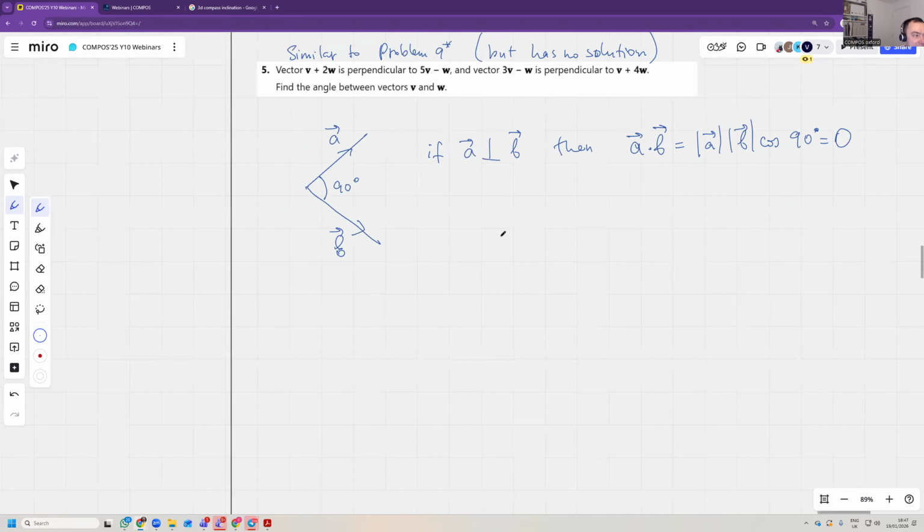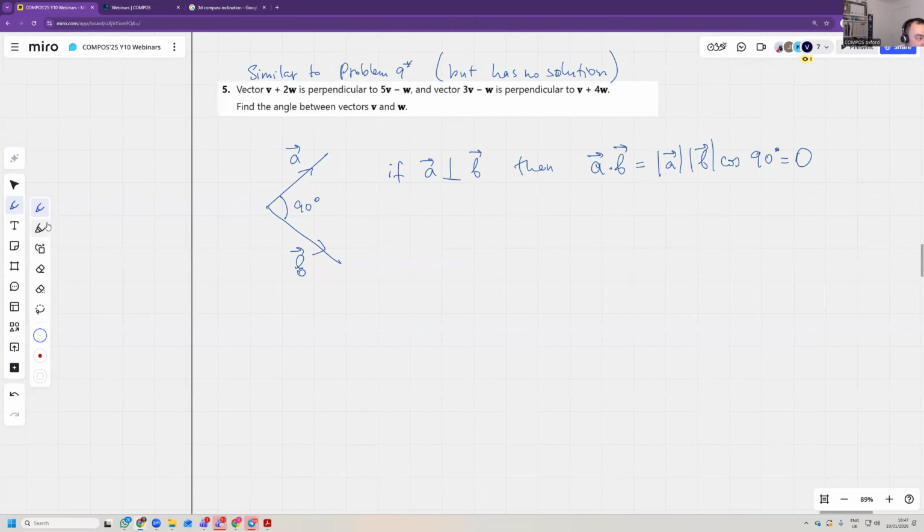Therefore, if vector v plus 2w is perpendicular to 5v minus w, that means (v plus 2w) multiplied by (5v minus w) is equal to 0.